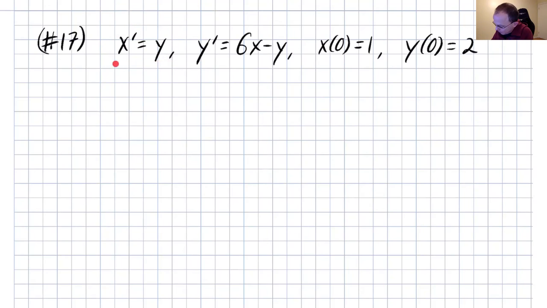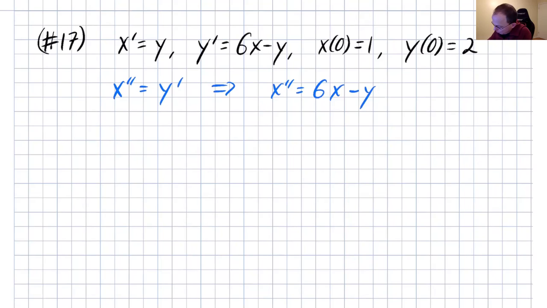That will give us y prime, and we have a formula for y prime right here. So let's see what that gives us. We have x double prime is equal to y prime, and y prime is equal to 6x minus y, so we get that.